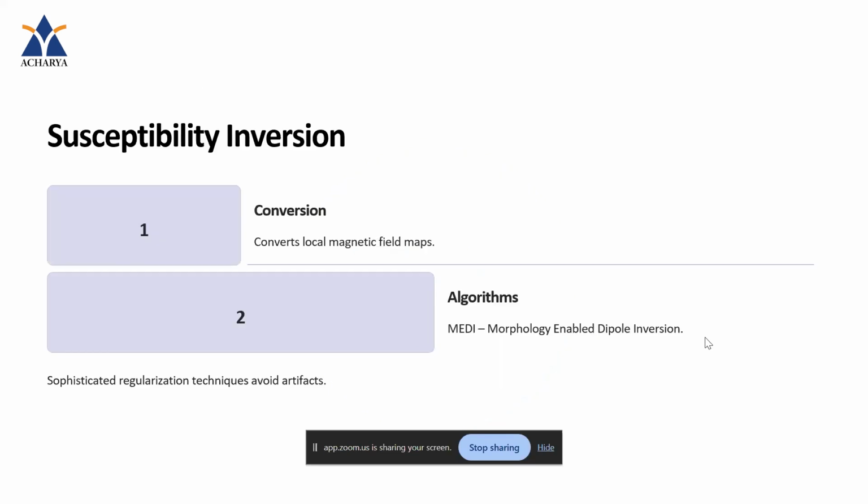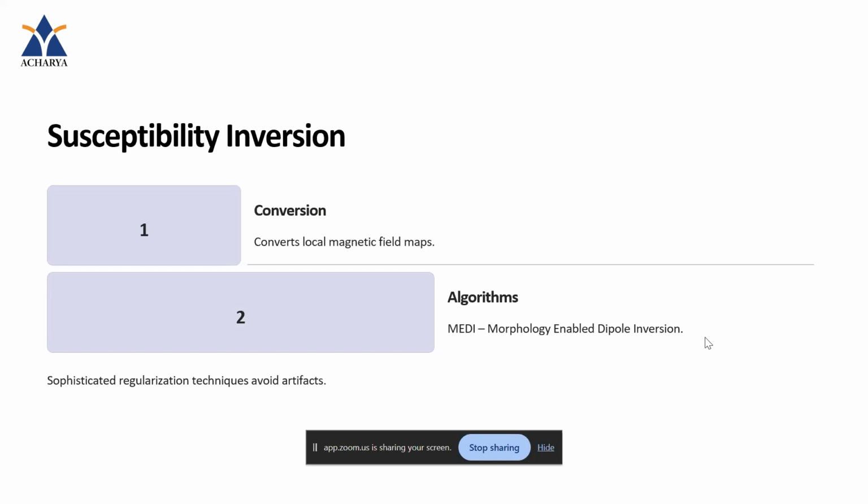The next is susceptibility inversion. In susceptibility inversion, we convert the local magnetic field maps into the quantitative susceptibility maps. For doing this, we require a computational algorithm because it's a post-processing step, right?